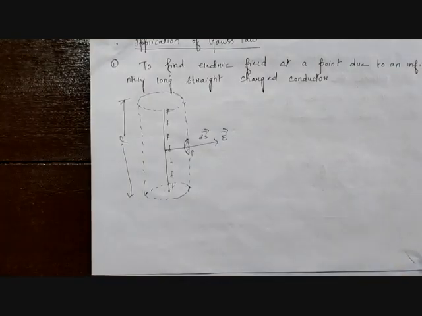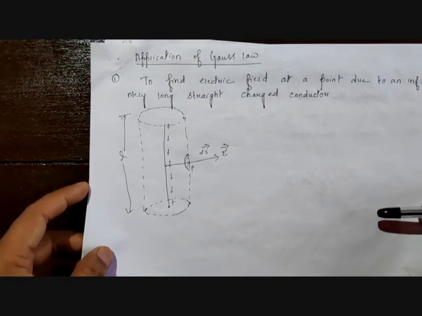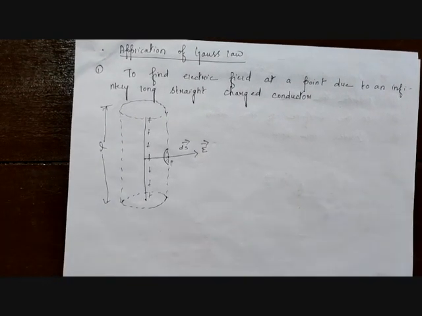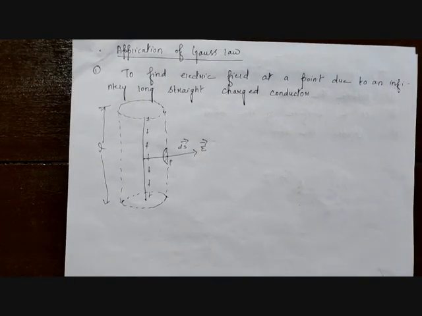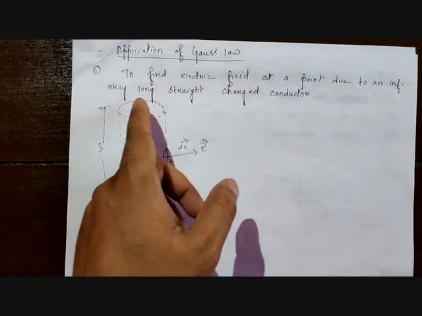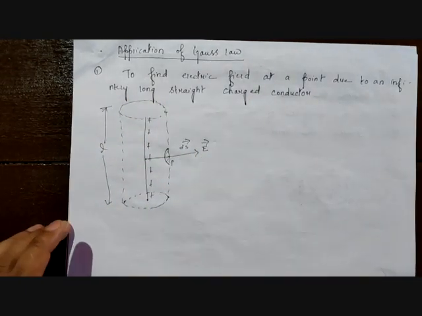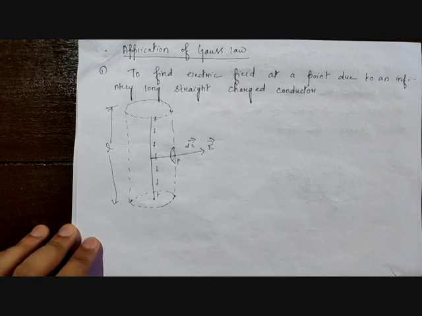Okay, there are 3 applications of Gauss law. Now the first application, to find an electric field. Always remember, Gauss law is applied to find the electric field of a long infinitely straight charge conductor. First, try to understand the figure.